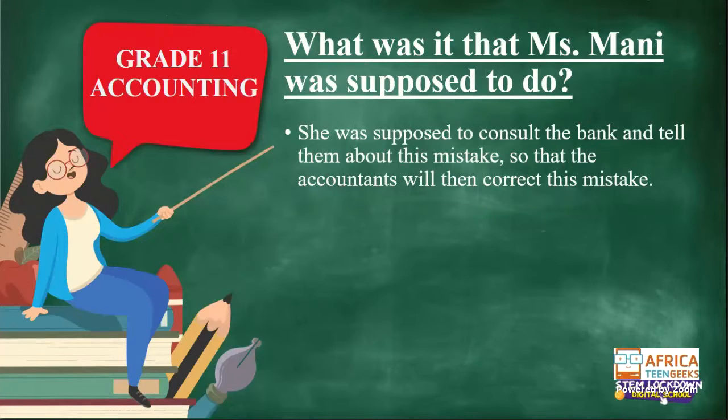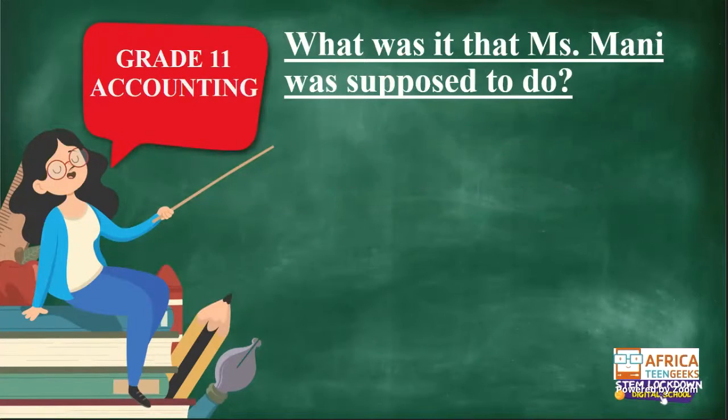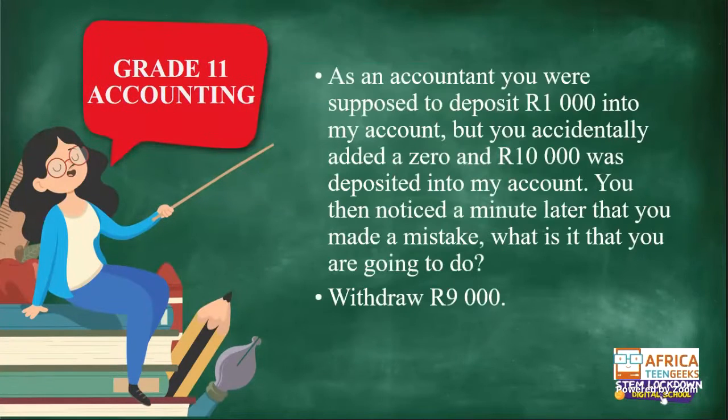The accountant, in correcting this mistake, would withdraw all the money that was deposited by mistake and leave the 1,410 rand that was supposed to be deposited into Miss Money's account.